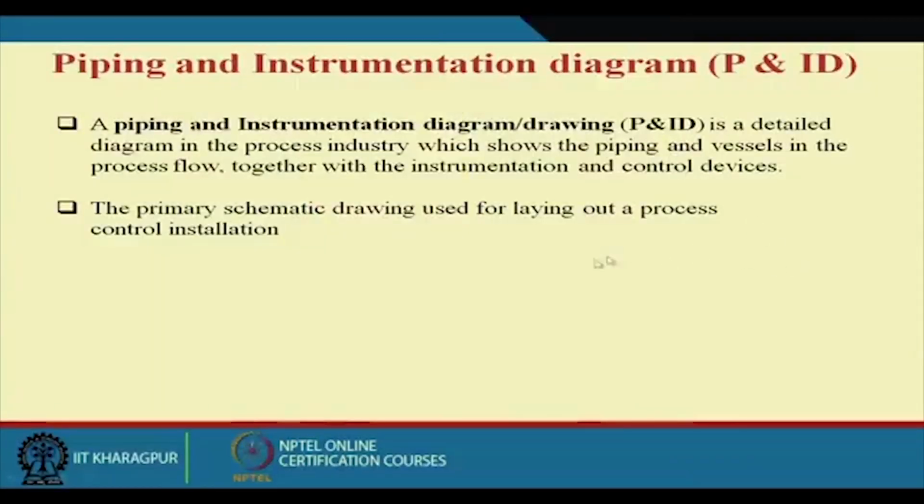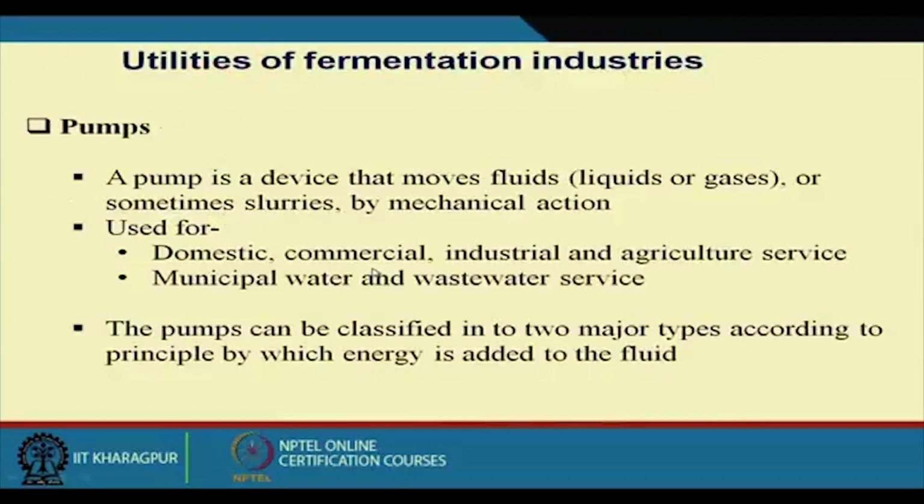So tremendous noise is there, so this control panel P&ID is usually located in the control room, and you can do your analysis very nicely here. It is the primary schematic drawing used for laying out a process control installation.